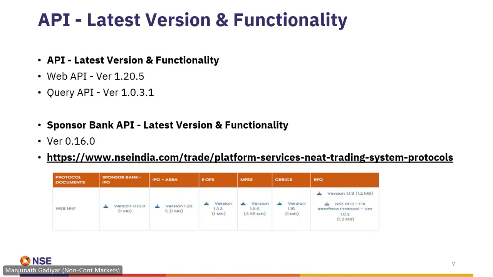So can we say that members should periodically keep checking if updates are available in the API document so that they can incorporate them? Correct. Over the eIPO portal and the NSE website, we keep publishing the latest documents. That's right. And if I'm not mistaken, Manjunath, in the API documents that we revise, we try to provide a summary of the revisions and changes that have happened, which will be easy for members to understand, right? That's right.